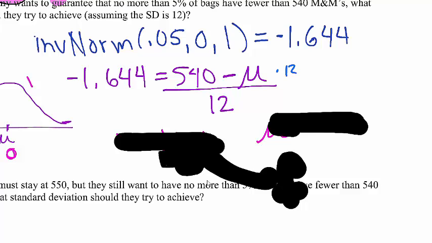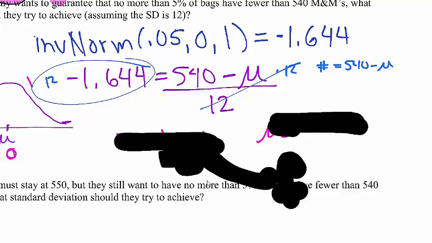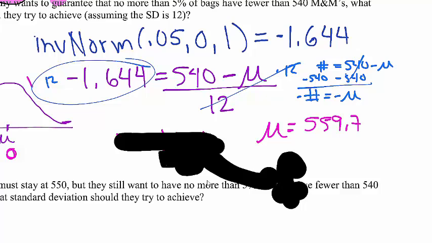Multiply both sides by 12 to get rid of the denominator. Whatever this is, 12 times that would be some number, equals 540 minus the average. Subtract 540 from both sides, and you'd get a new number, equals negative the average, and probably be a negative number. So then the average would be whatever that is. I didn't feel like doing it. 559.7.